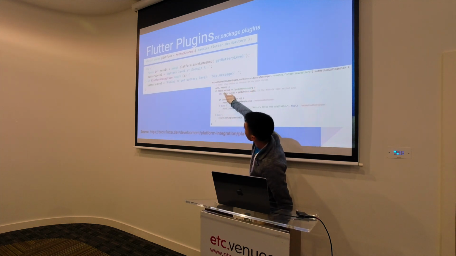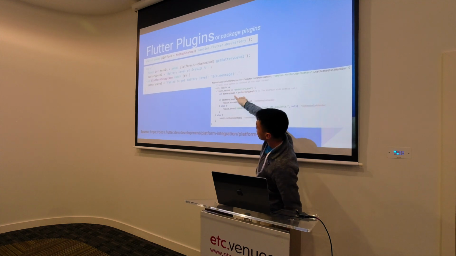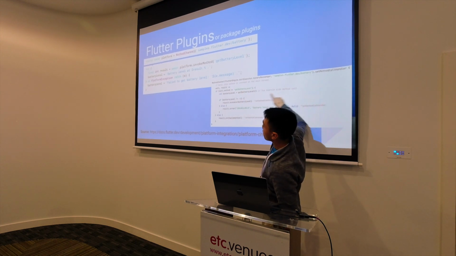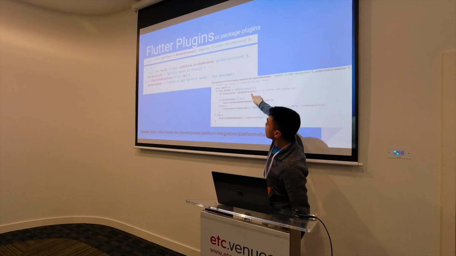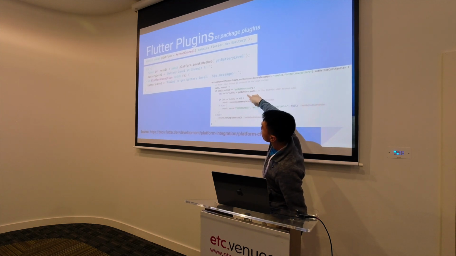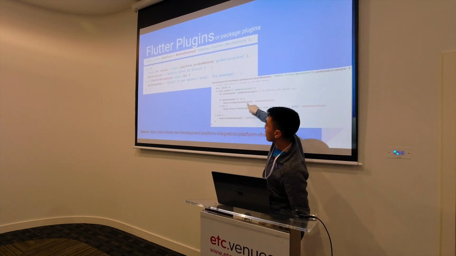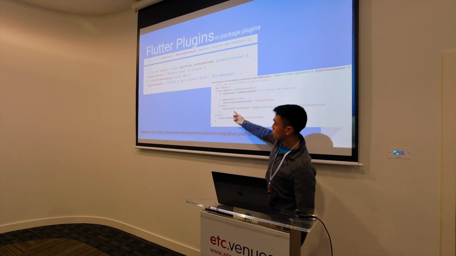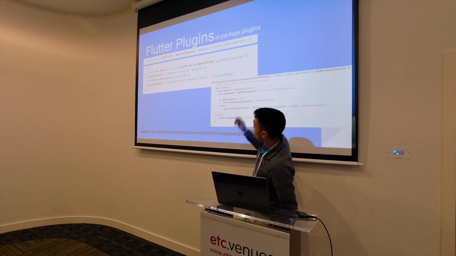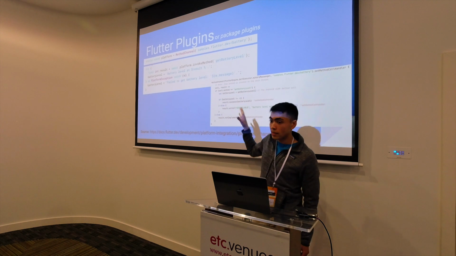If the call.method is getBatteryLevel, then you call this Android API getBatteryLevel, which is the system API to actually get the battery level. Then you can return that with result.success with that value. And if there's an error, you just do result.error. But the problem with this is there's no static checking here.